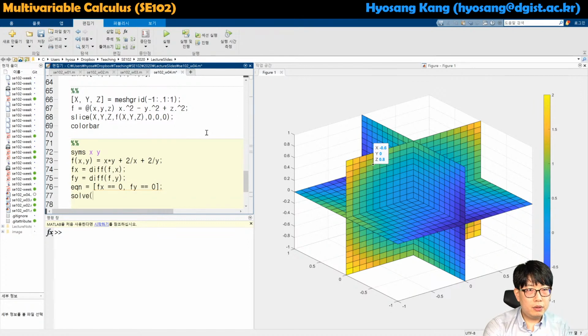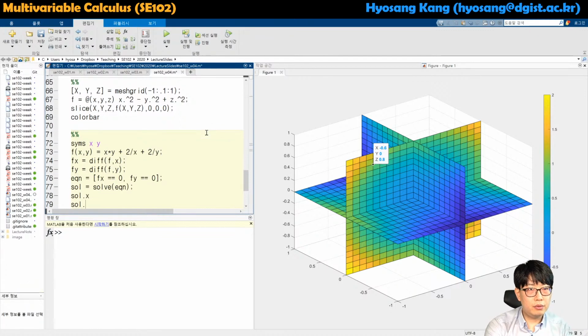So I'm going to solve the equations and store that as sol, and I want to find sol x and sol y.